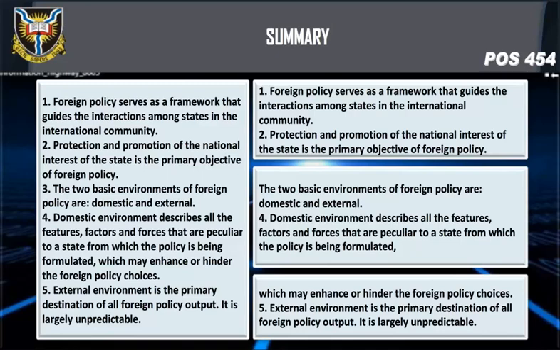Domestic environment describes all the features, factors, and forces that are peculiar to a state from which the policy is being formulated, which may enhance or hinder the foreign policy choices. 5. External environment is a primary destination of all foreign policy outputs. It is largely unpredictable. End of lecture 1.